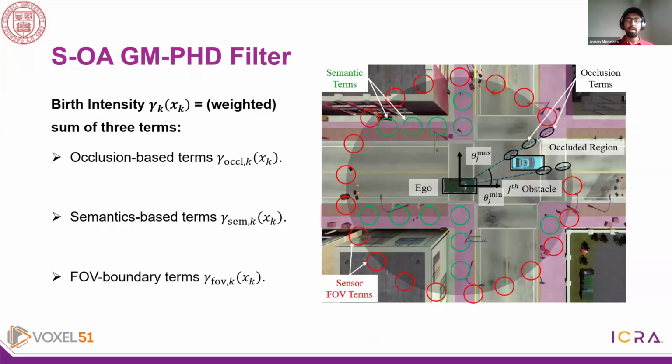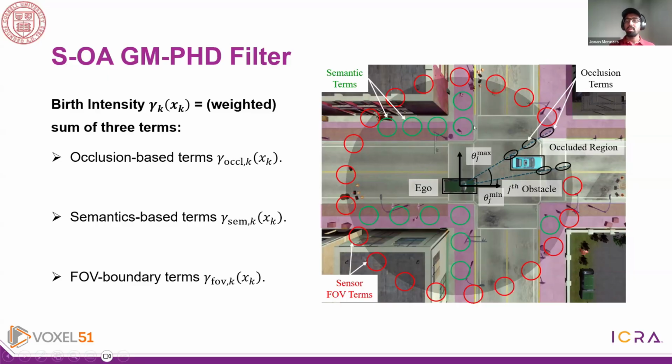Visually, what that means is if we have a scenario, as we see on the right, where we have an ego vehicle represented in dark blue in the center, and an occluding object, we can define these occlusion cones, which help us understand which areas in the sensor field of view are prone to objects entering the view from occluded areas, and we define the occlusion-based birth hypotheses along the boundaries of the occlusion cone.